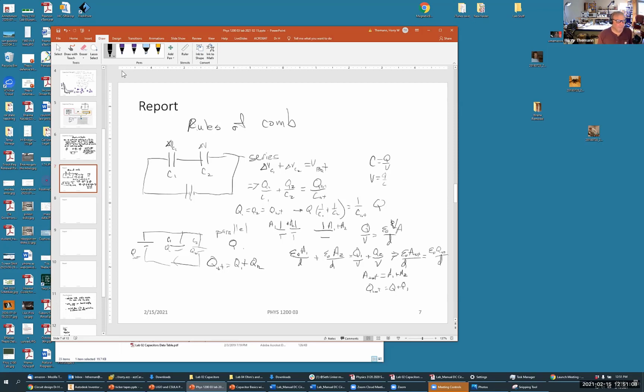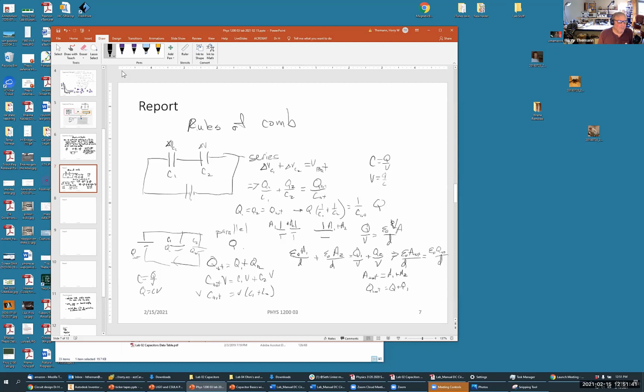And this lets us do, again, C equals Q over V, so Q equals CV. So C total V equals C1 V plus C2 V, and because the V's are all the same, C total equals C1 plus C2.